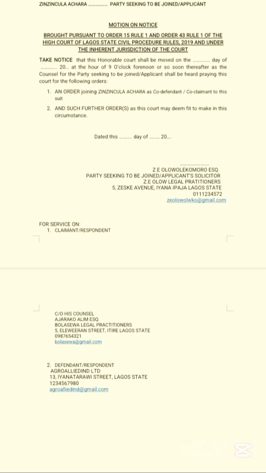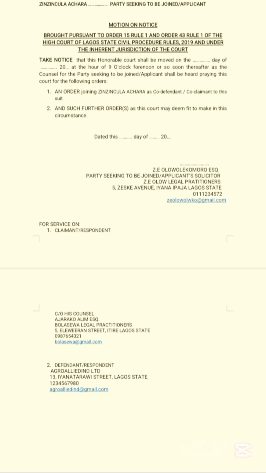So you can choose to serve the claimant respondent directly, or you can also choose to serve the lawyer of the claimant respondent. The reason why we are serving the claimant respondent's lawyer is because we know the lawyer. Don't forget that there is already a pending litigation. There's already a substantive suit. So since there is a substantive suit, then you will know that, okay, there is a lawyer.